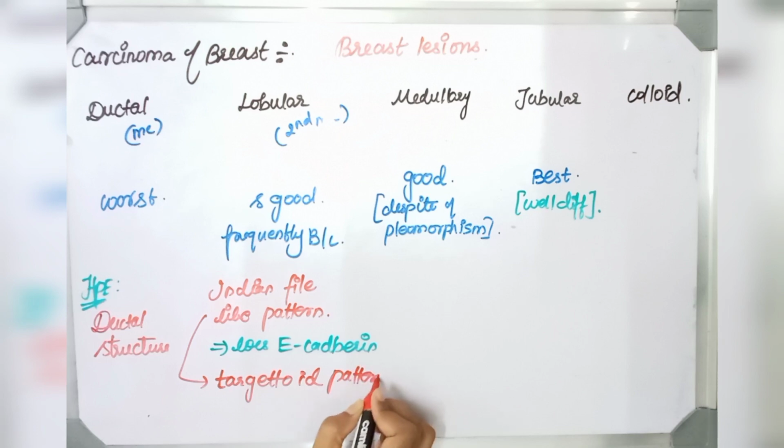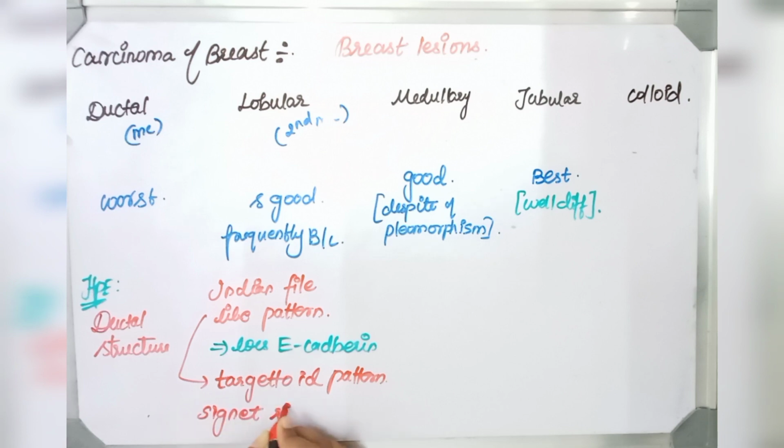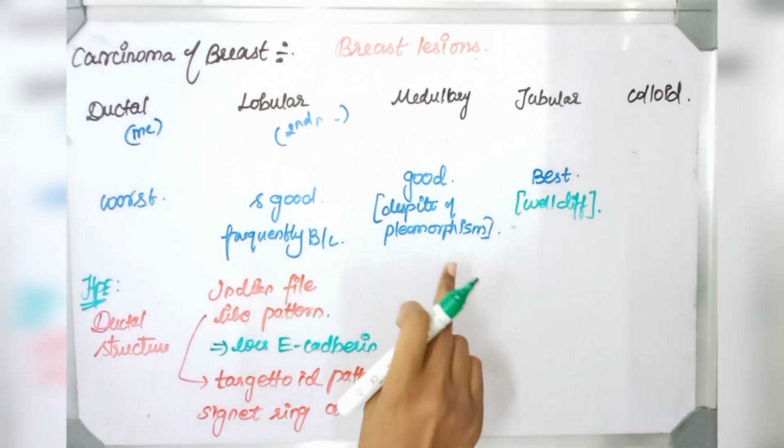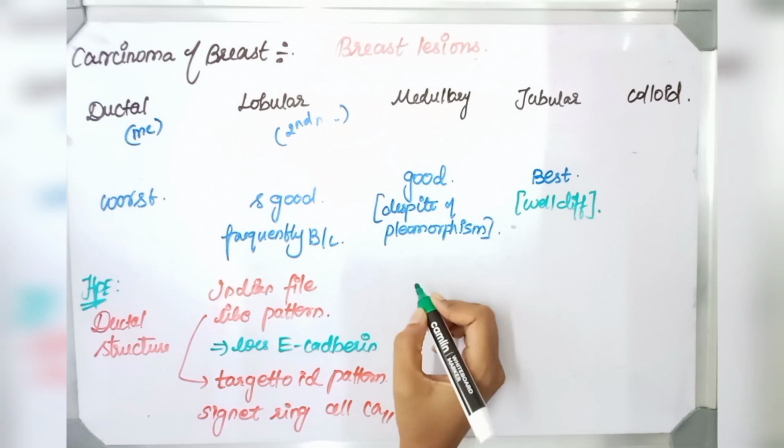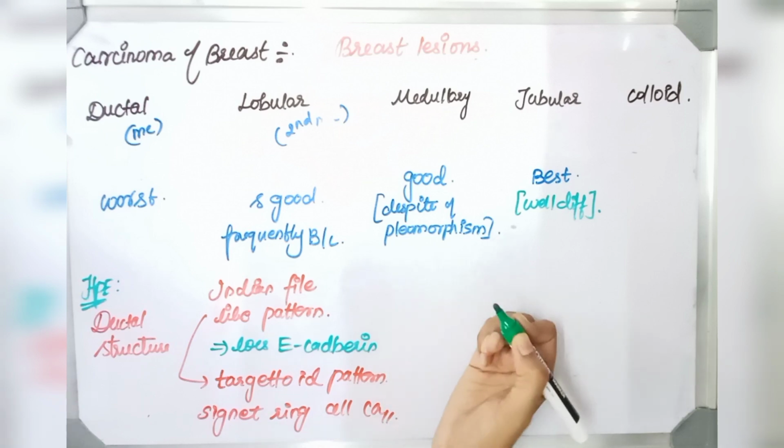Targetoid pattern, and also called signet ring cell carcinoma. The medullary carcinoma shows well circumscribed and pleomorphic cells.